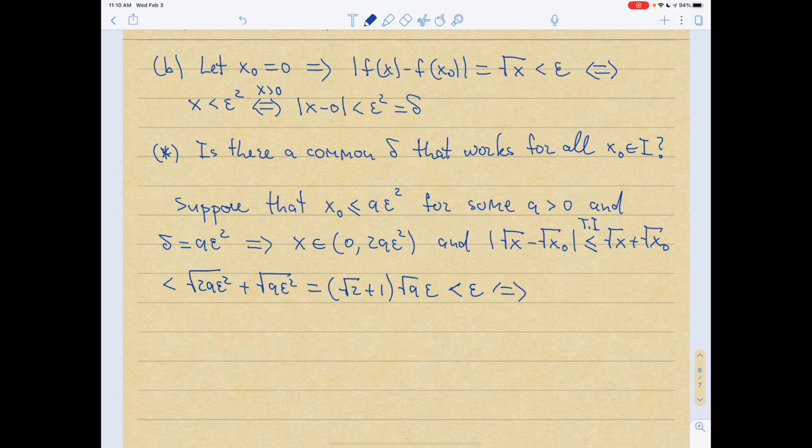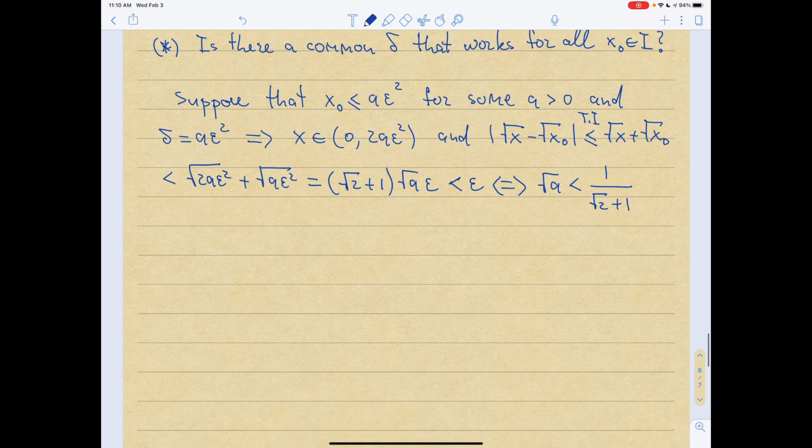Dividing both sides by epsilon of this inequality tells me that I have to have square root of a less than 1 over square root of 2 plus 1, or a equal to 1 over square root of 2 plus 1, the quantity squared, which is 1 over, if I factor these things out, 2 plus 1, 3 plus 2 radicals of 2. All right?